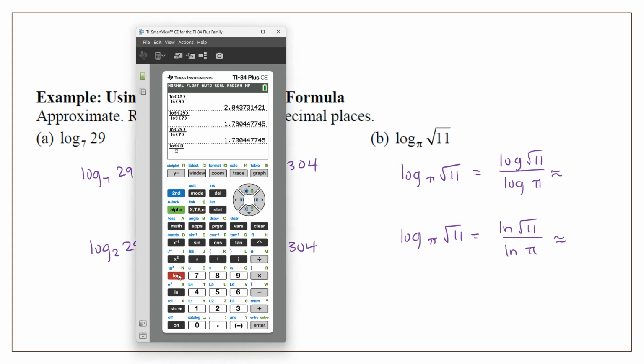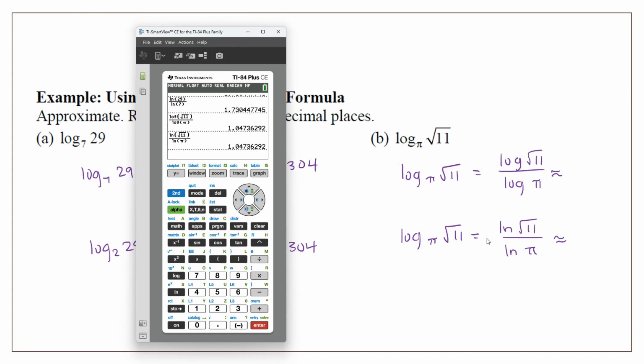We'll have log of the square root of 11 divided by log pi. Then we'll do the natural log of the square root of 11 divided by natural log pi.